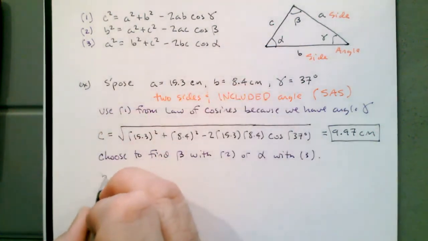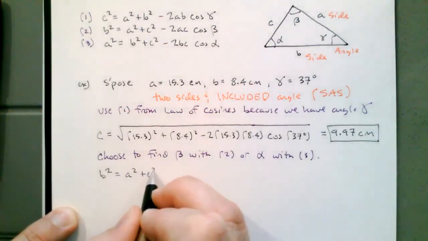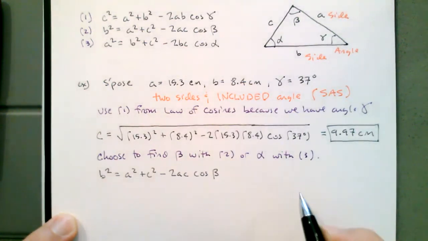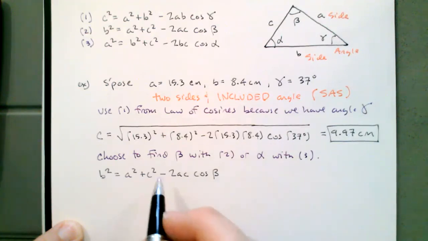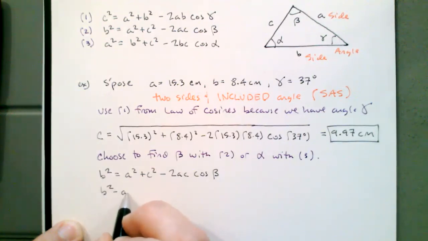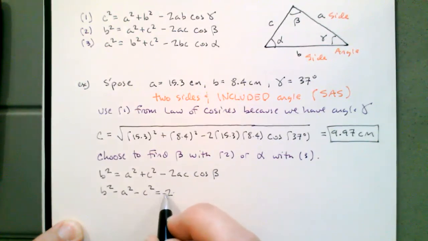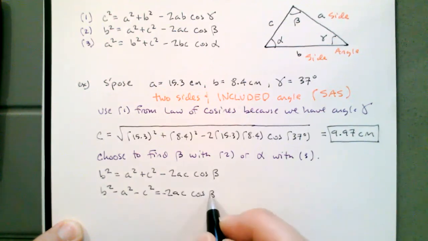So if we have B squared is A squared plus C squared minus 2AC cosine beta, we're going to have to rearrange this a little bit to figure out what beta is in terms of the other 3. So I'm going to have to subtract the A squared and the C squared. So B squared minus A squared minus C squared is minus 2AC cosine beta.